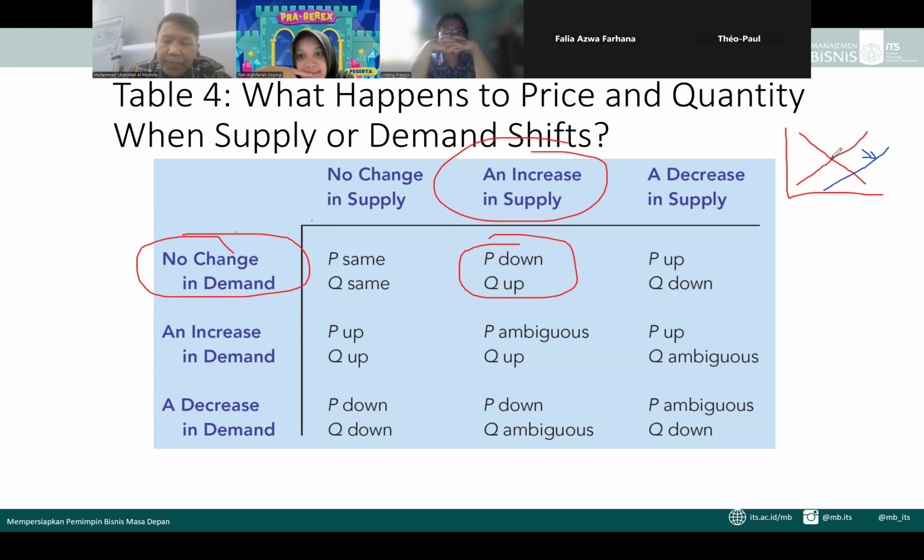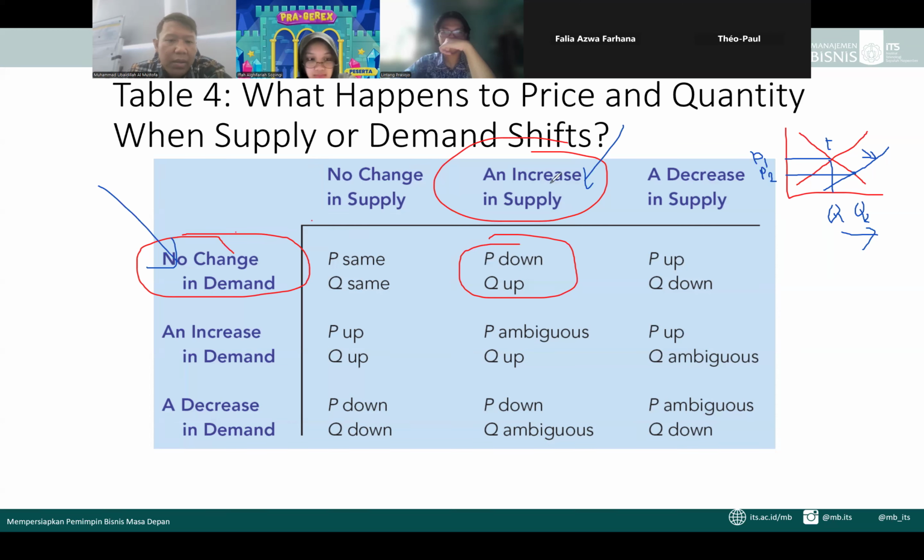This is the initial and this is the afterwards. So the price will go down from price 1 to price 2 and the quantity will go up from quantity 1 to quantity 2. This is when we have no change in demand and an increase in supply.